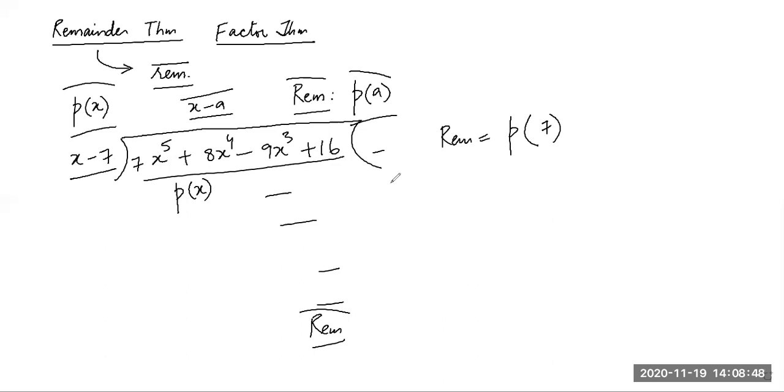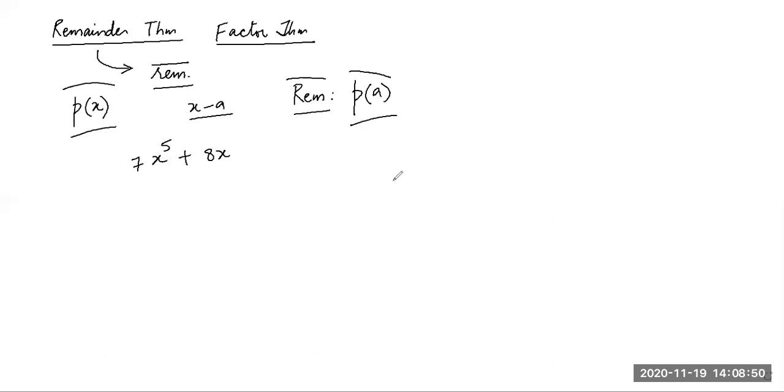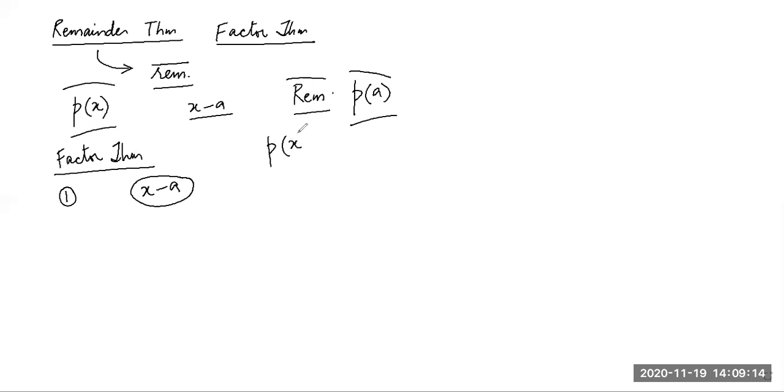That is the remainder theorem. What is the factor theorem? The factor theorem has two advantages. Number one, it helps us find out whether x minus a is a factor of a given polynomial or not.